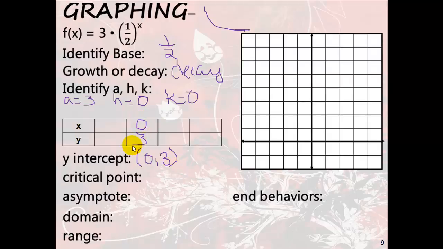Okay. And then if I plug in a -1, 1/2 raised to the -1, well, that's 2. 2 times 3 is 6. Okay, you can plug that into your calculator. And then if I plug in a 1, I get 1/2 to the 1 is a half. A half times 3, well, that's 3 halves, or 1 1/2.